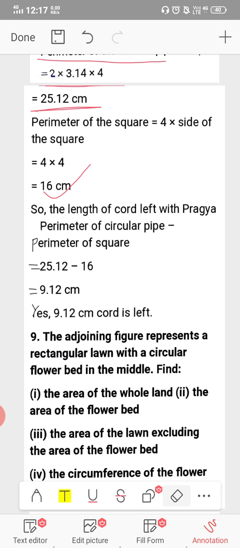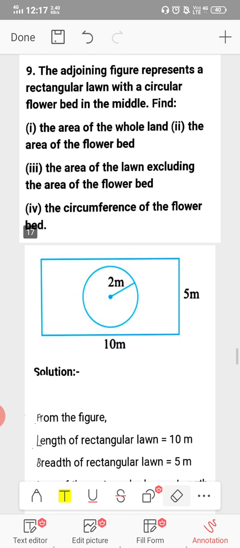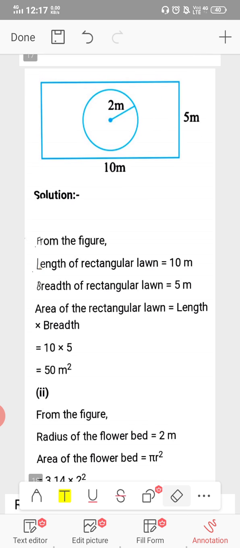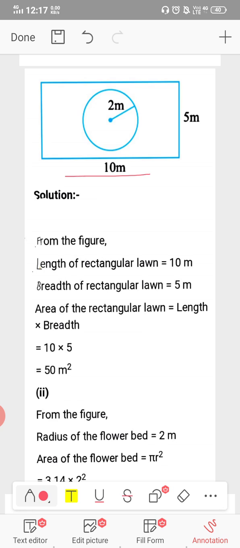Now, next question, question number 9, is: the adjoining figure represents a rectangular lawn with a circular flower bed in the middle. Find the area of the whole land and the area of the flower bed. So, this is the diagram. In the diagram we can see the length of the rectangular lawn is 10 and the breadth is 5, so the area will be 10 into 5, and it is 50 meters square.